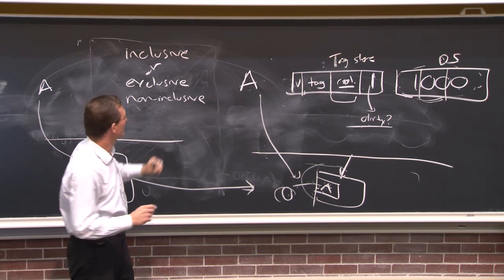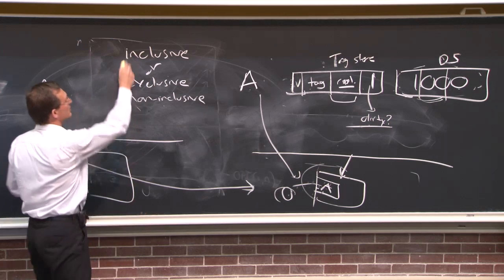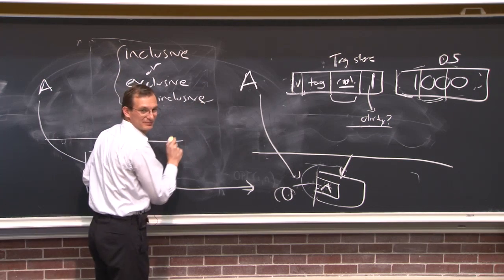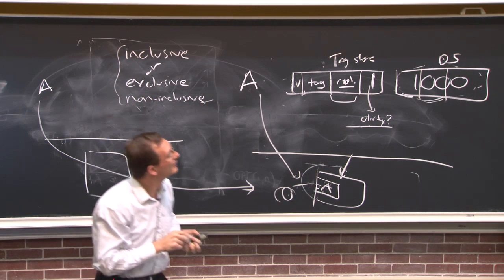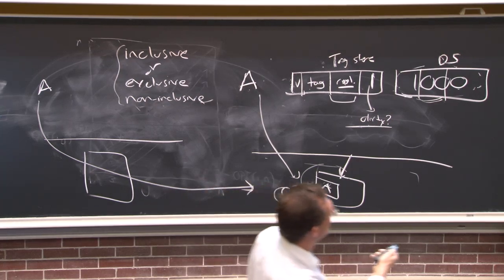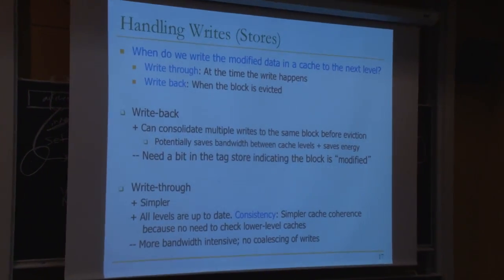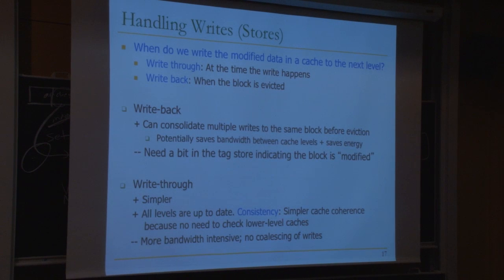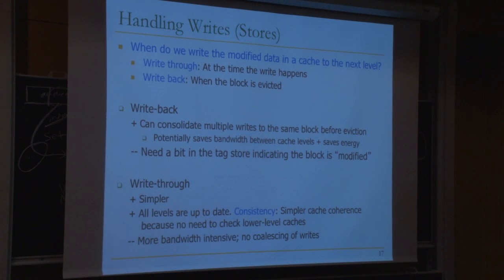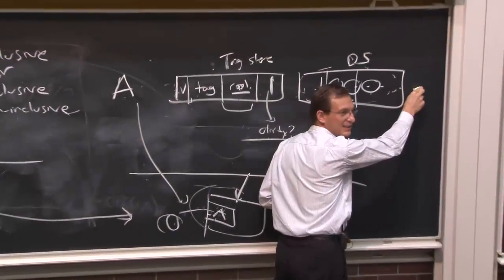But if you do write through, then this also determines where your blocks are. Okay, so write-through is simpler, and it enables easier consistency. The downside is, as we've discussed, it's more bandwidth intensive, right? You always need to write through. And there's no coalescing of writes. In many cases, when you write to a cache block, you write to many different locations within that cache block.